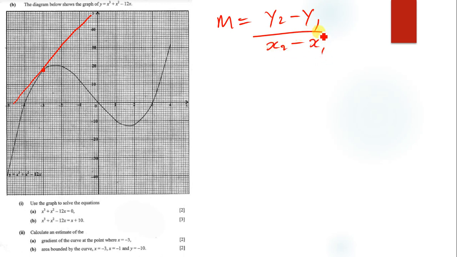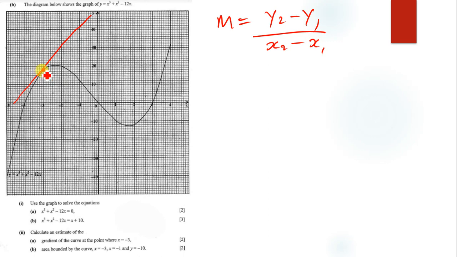So this is the formula for the gradient. Now we need to find what y1 and y2 are, and x1 and x2. And where do we get those points? We get them from this same line that we have drawn on the screen right now.